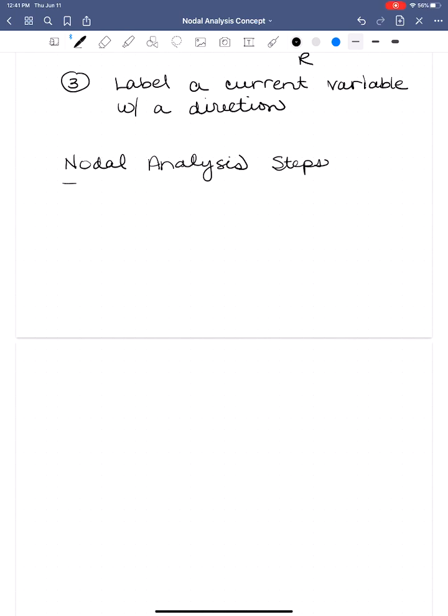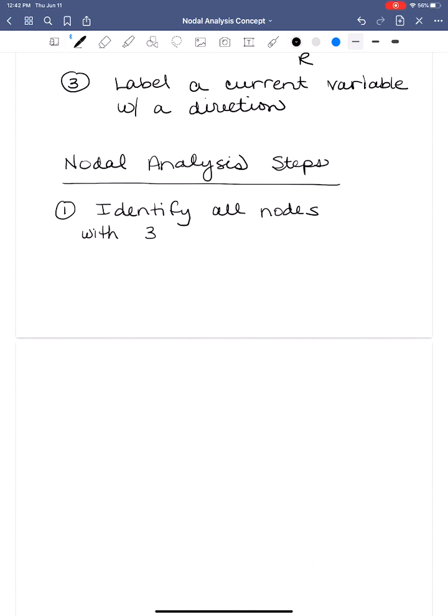Step 1: we are going to identify all nodes with 3 or more connections. We're going to look at the circuit, and any node that has 3 or more connections, we are going to take note of.